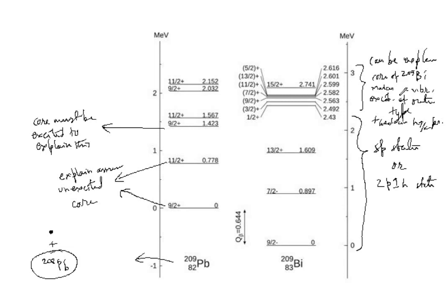Now what about the case of odd-odd nucleus in which both proton and neutron numbers are odd? So what about odd-odd nucleus? Now you see, for the case of odd-odd nucleus where both proton and neutrons are odd number, the spin and parity of the ground state and low-lying excited state are expected to be given by what?